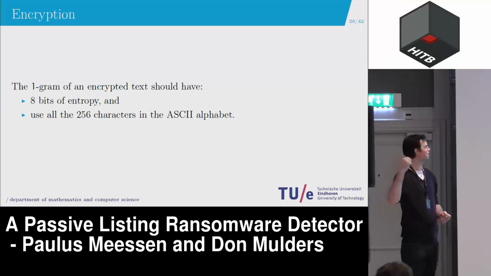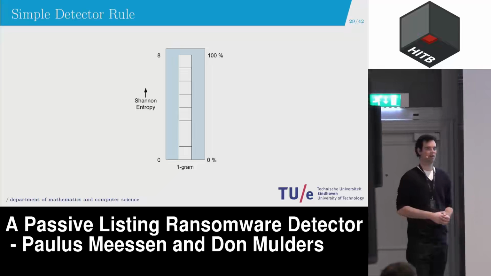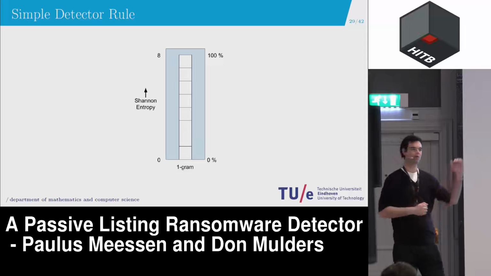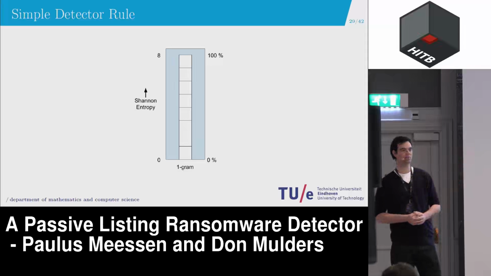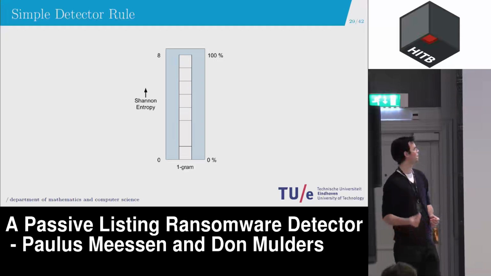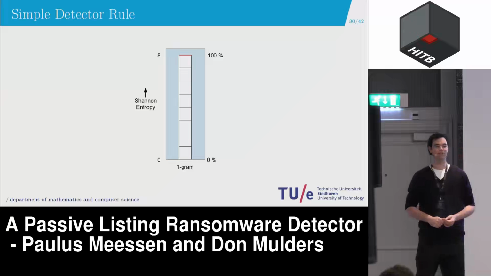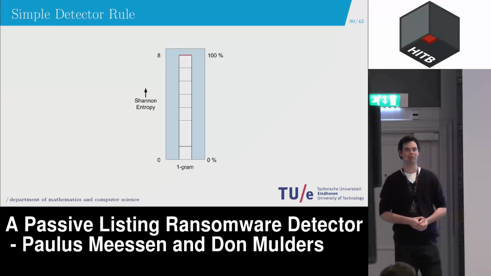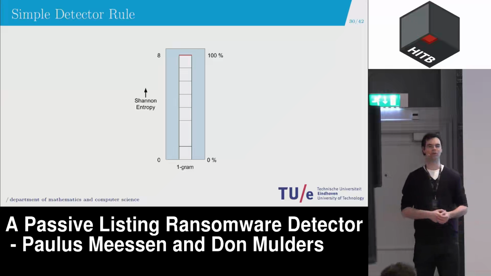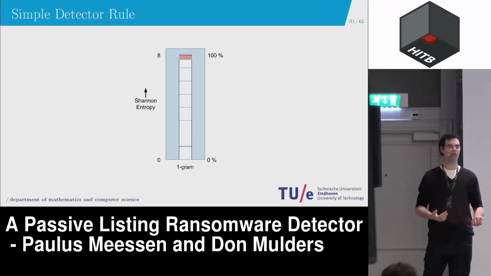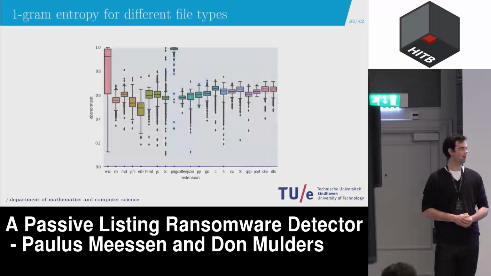So if we go to the next slide and we're going to build a detector, we're measuring the 1 grams of these file exchanges, and this is going to be a number between 0 and 8 bits of entropy. Then the theoretical model will say that on top we'll have all the encrypted files. Well, the real world is slightly more noisy, so we're going to add some bounds to this, and then this is the area where we'll find the encryption.